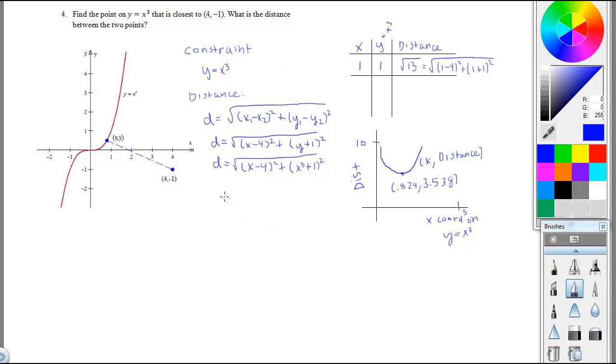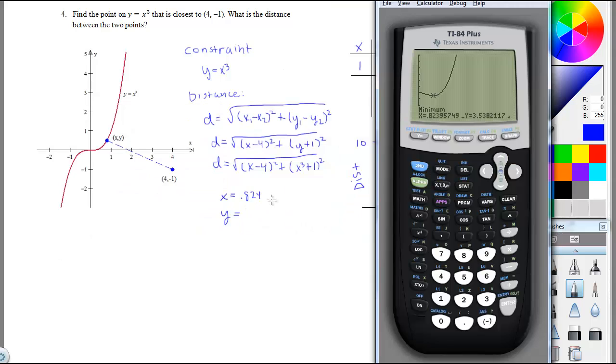So then my final answer, x is 0.824, y is 0.824 cubed, because y is equal to x cubed. So I'm going to take the x value here, 0.824, and raise that to the third power.